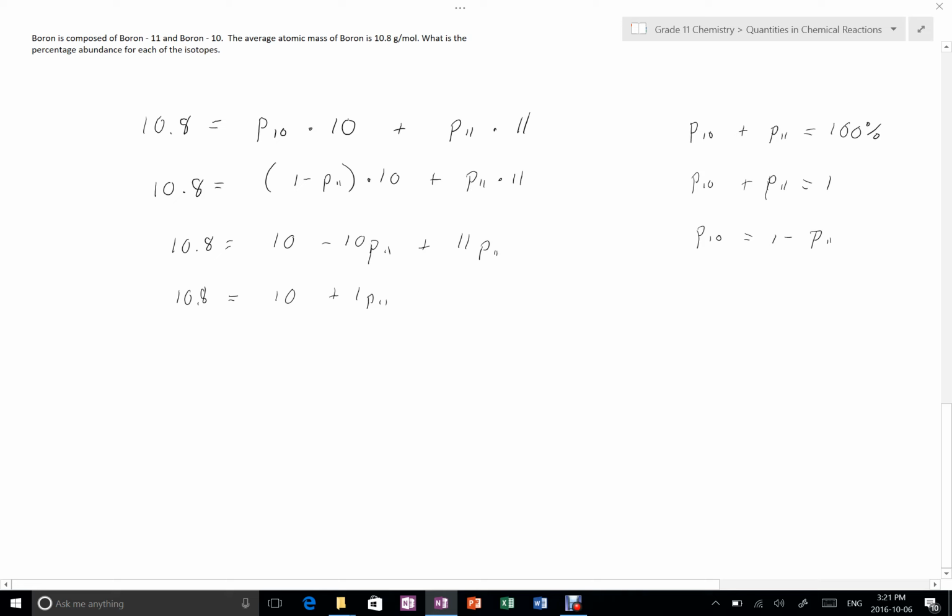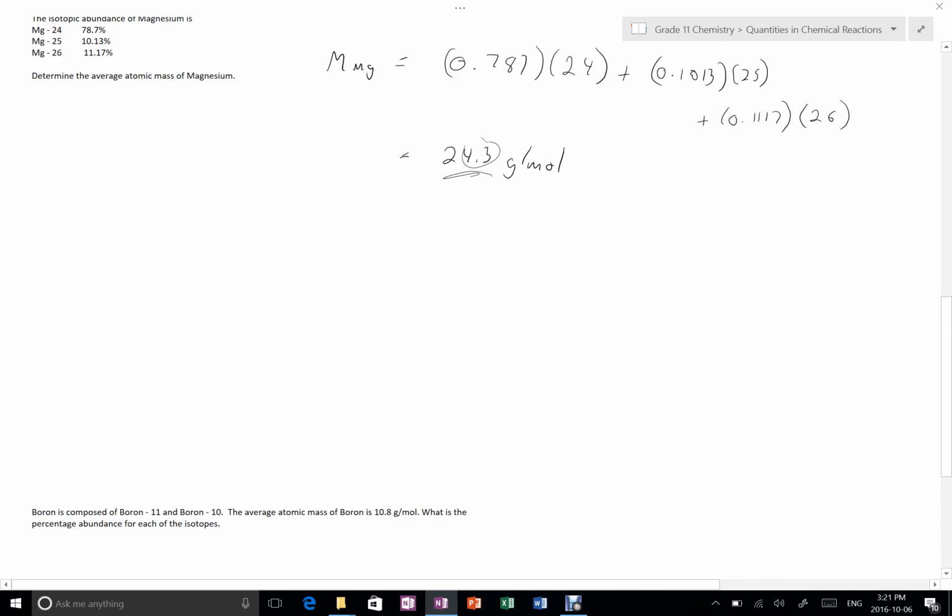Bringing the 10 over to the other side, 0.8 equals P11. So 80% of my sample is boron-11. Coming over here, I can figure out that leaves 20% of my sample to be boron-10.